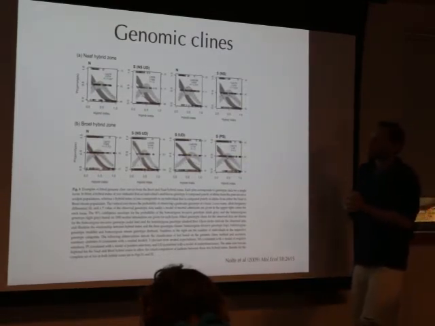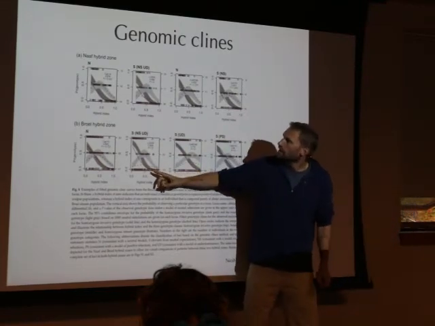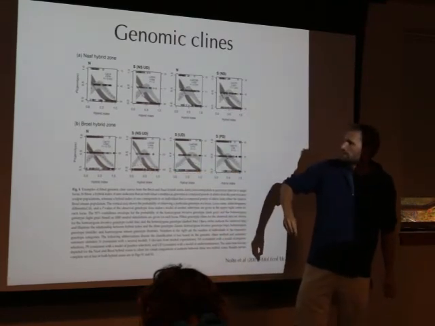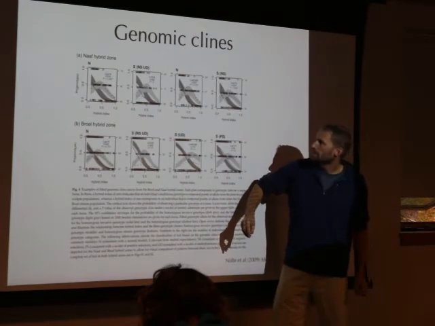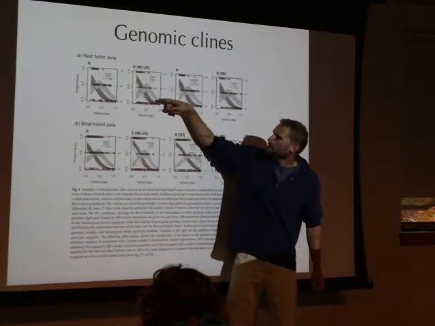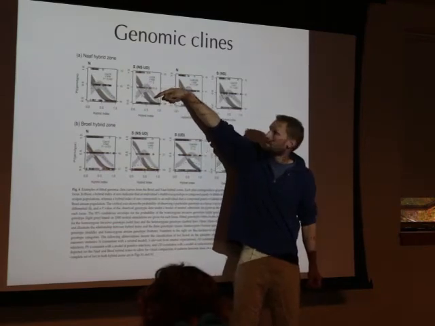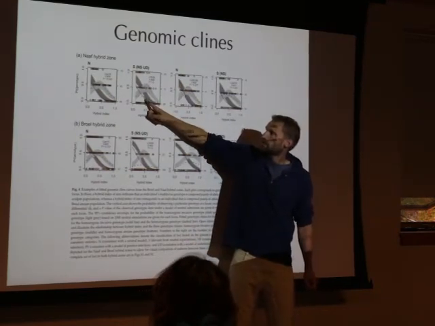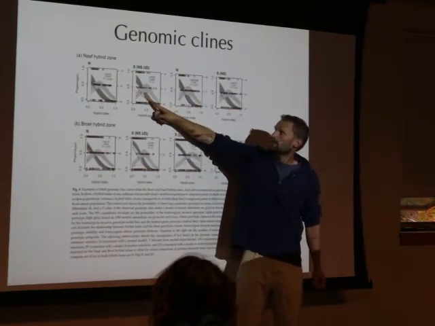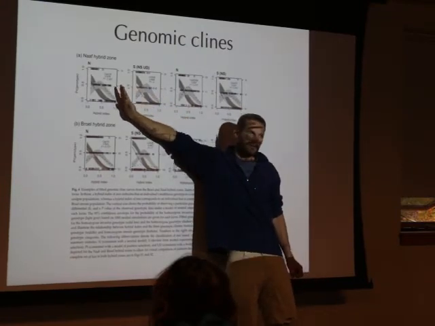You can see, for instance, in the best example here, the neutral expectation goes up like this. The empirical data is this dark line that goes up like this, so it's much lower. It's shifted that way.